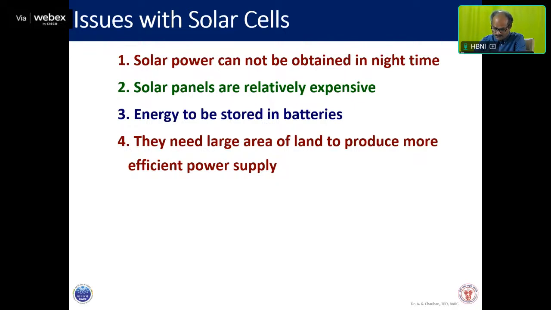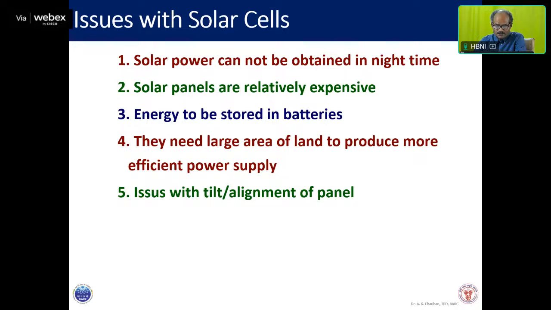So large area is required. So that is also a problem. But there are spaces also like desert, like in high Himalayas, where nobody is there, one can install these things.